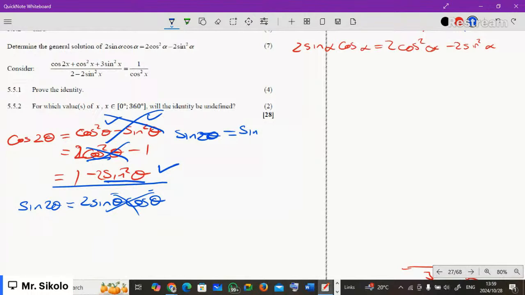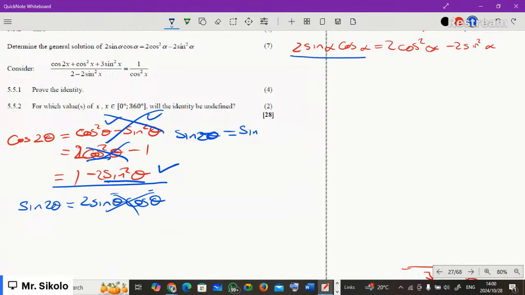Are you having the same ratios? Because remember, in order for you to make a general solution, you have to have a single ratio. It's either tan, cos, or sine and cos. If there is a way you can manipulate to make tan from it to create another ratio, that's fine. But what I'm noticing here is that on the left hand side, I'm having a double.